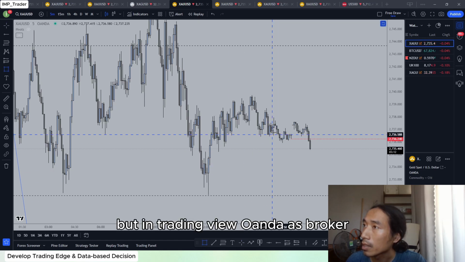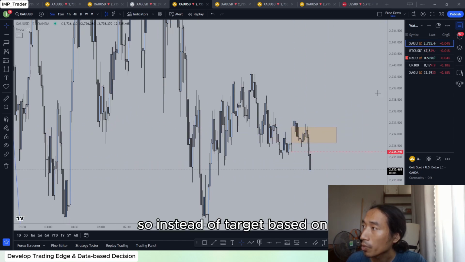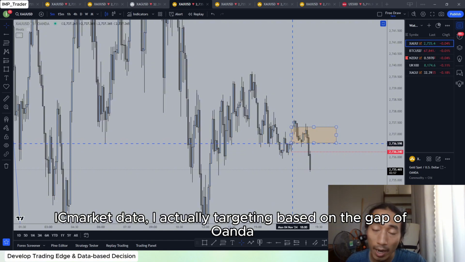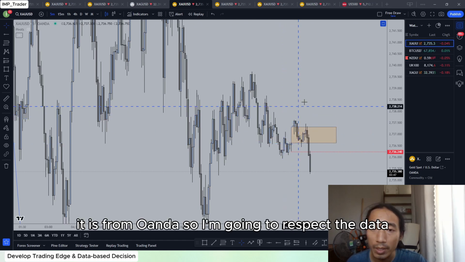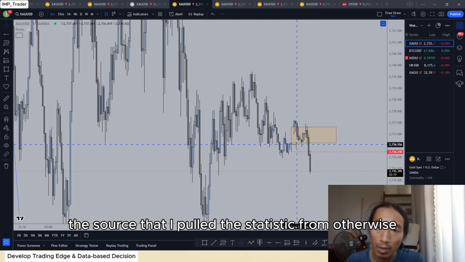But in TradingView on OANDA as the broker, the gap is something like this. So instead of targeting based on IC Markets data, I'm actually targeting based on the gap up on there. The reason is that the data I view on my site is from OANDA, so I'm going to respect the source that I pull the statistics from.